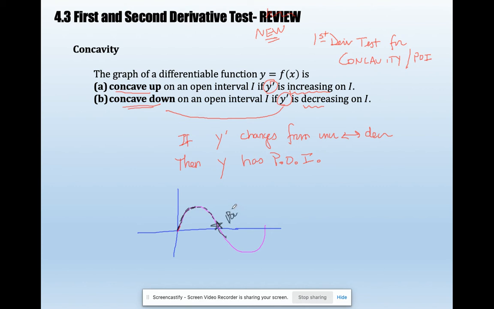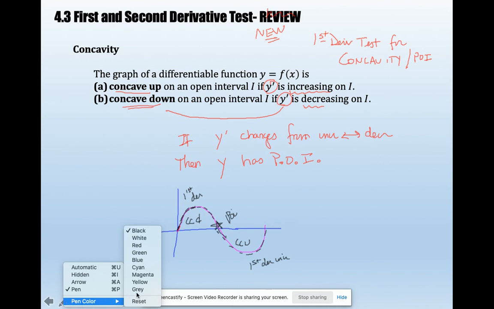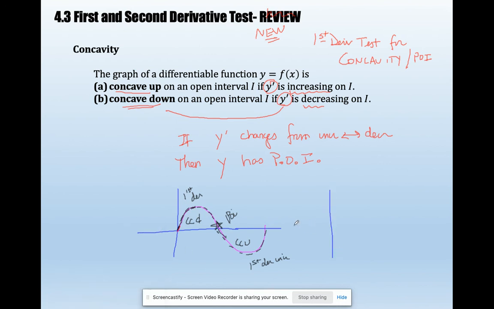The POI is where the tangent lines change from decreasing to -2, -1, -0.5, -1/4, 0, 1, 2, 3, to where your tangent lines are increasing. Concave down when the first derivative is decreasing, concave up when the first derivative is increasing. Where the first derivative changes from increasing to decreasing. Remember, the derivative of sine is what? Cosine, right?